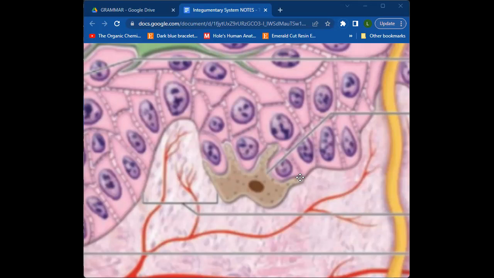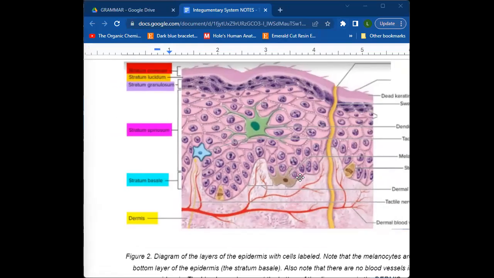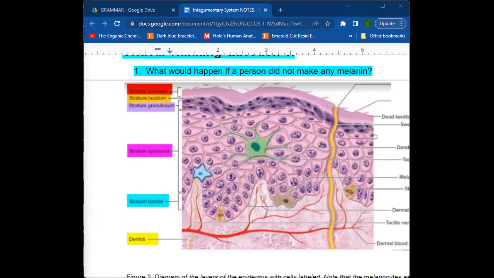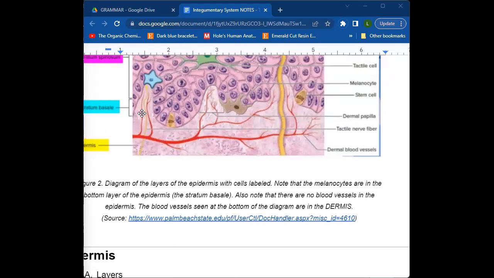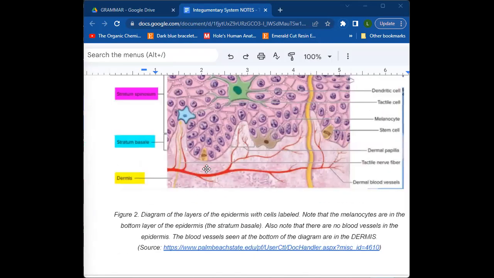So this is a really good visual clue that the melanocytes are found at the very, very bottom in the basale and not up at the top in the corneum. And the yellow cells are the basal cells dividing to make new skin cells.